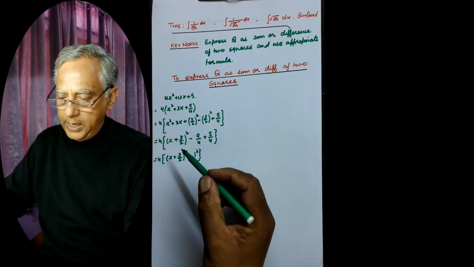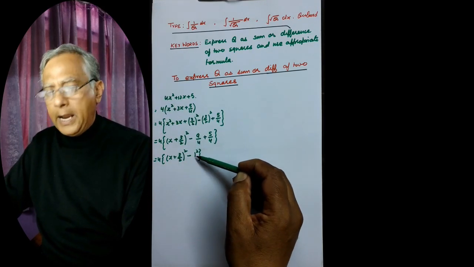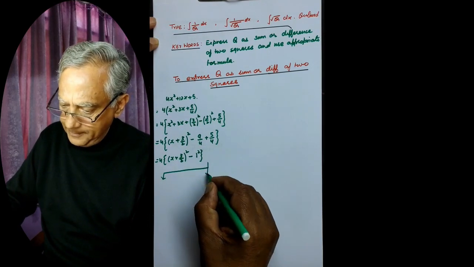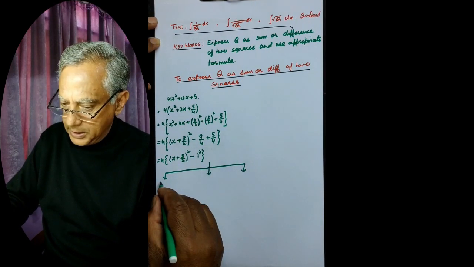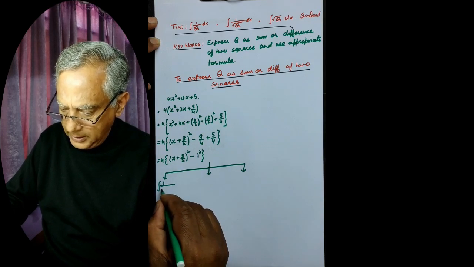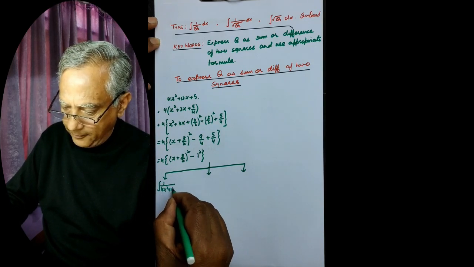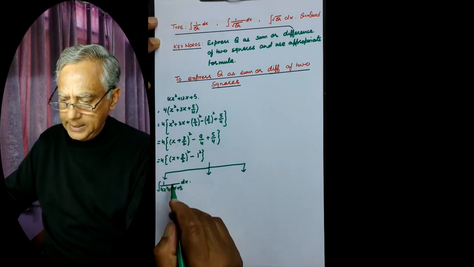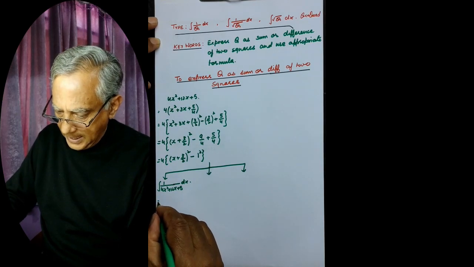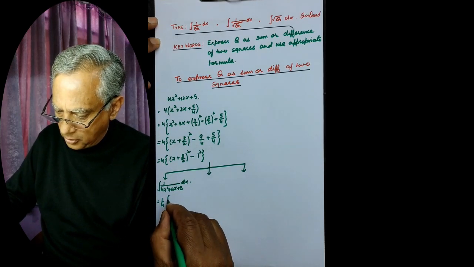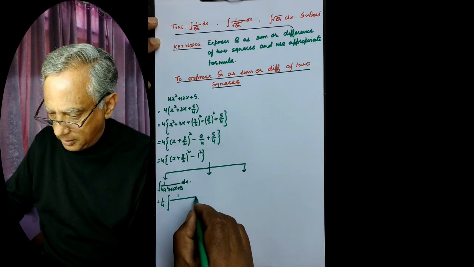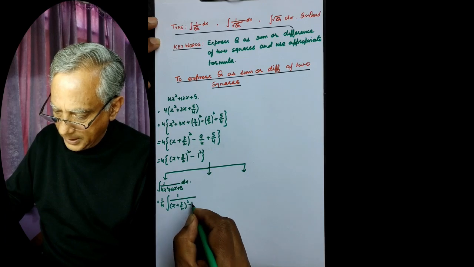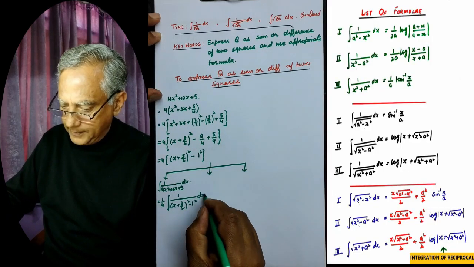Now we will use an appropriate formula depending upon the question. For example, if the question is integral 1 upon 4x square plus 12x plus 5, we will write this as 1 by 4 common, and 1 upon x plus 3 by 2 whole square minus 1 square dx.